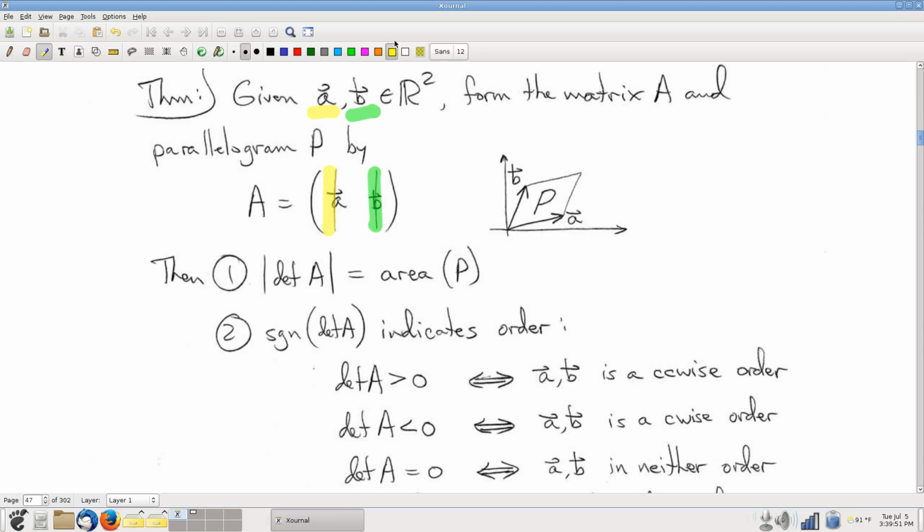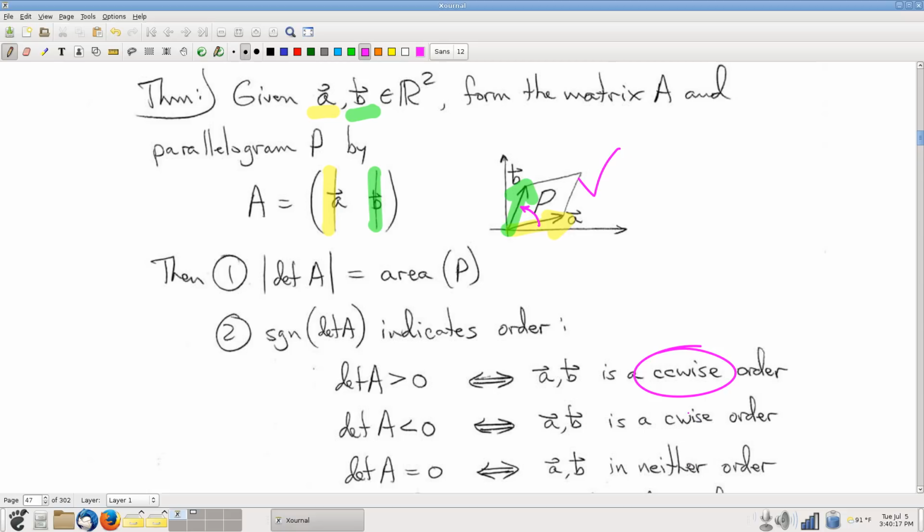Likewise, A being first and B being second indicates which one I'm going from and which one I'm going to in thinking about whether the order is counterclockwise, as in this case, or if they were written in a different way, clockwise perhaps.